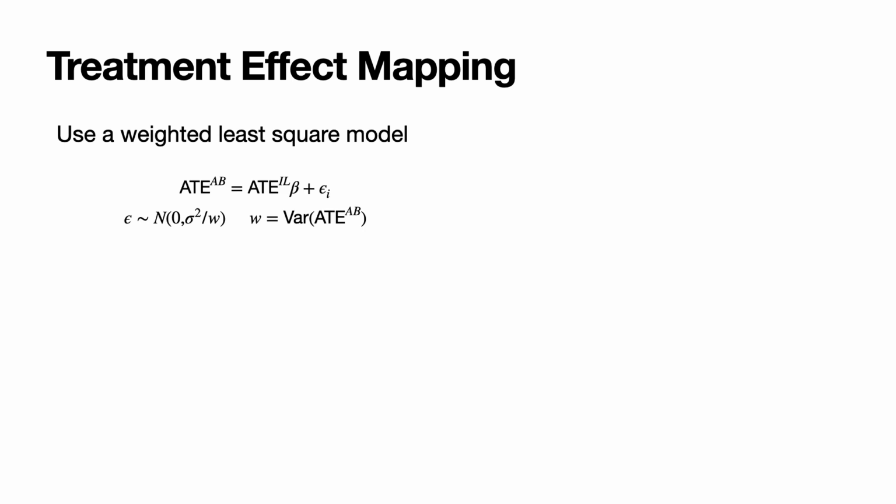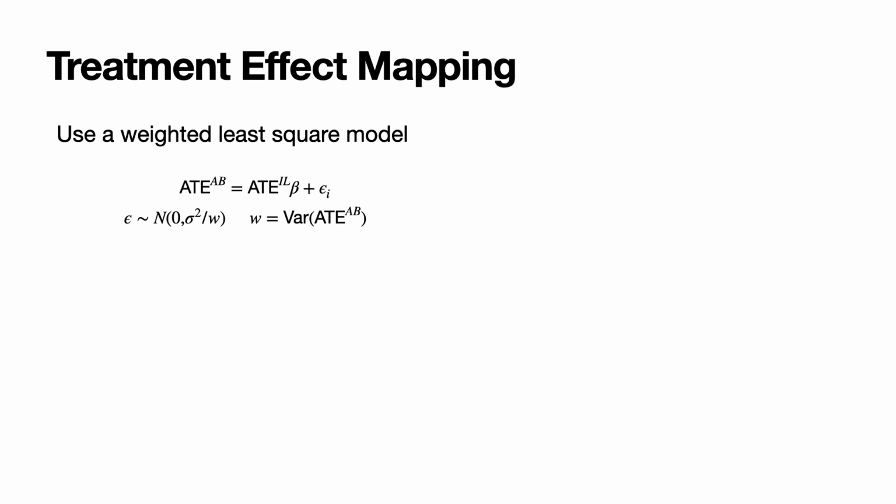test. And luckily, the literature has already discovered that there's a strong linear correlation between the treatment effect of A/B test and the interleaving measurement, so that we can actually use a linear model to learn this mapping.